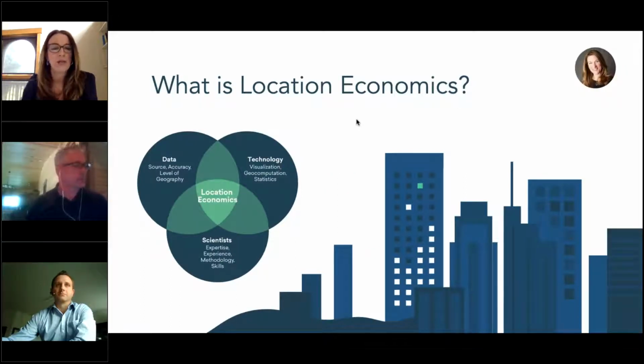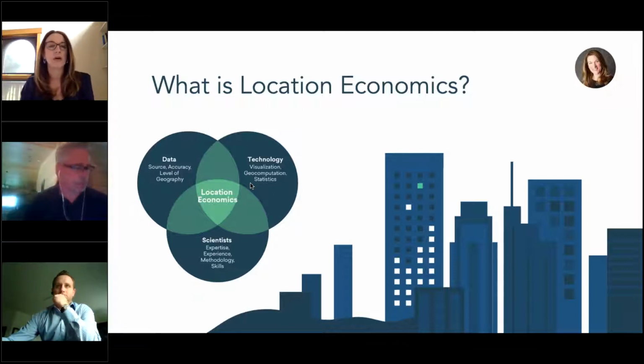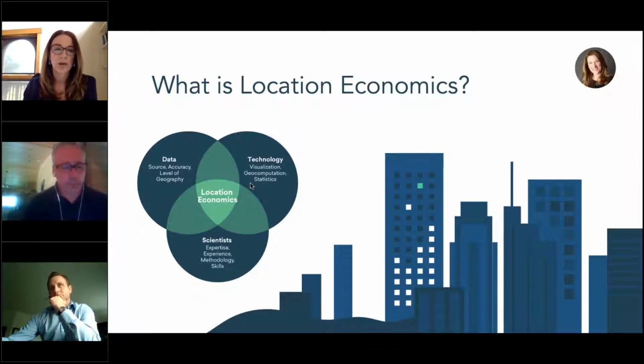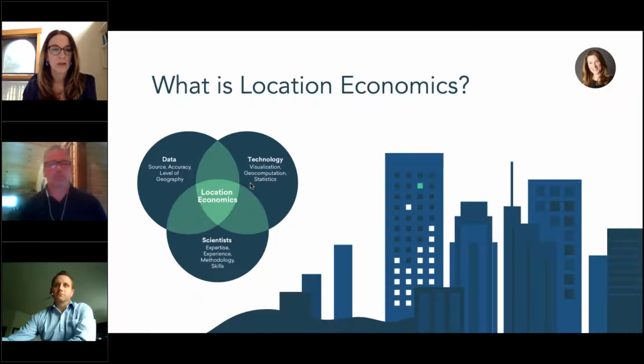Well, simply put, we are a team of applied economic practitioners who love to solve complex location and labor problems for our clients. We curate premium labor data. Over here in this area of the Venn diagram, we curate premium labor market information, economic and demographic data for analysis. We leverage best-in-class technology tools, which span everything from visualization tools that you may be familiar with, from Esri to Tableau, other mapping applications, all supported by very extensive geocomputation and modeling services and tools that run in the background of our analytical practice.